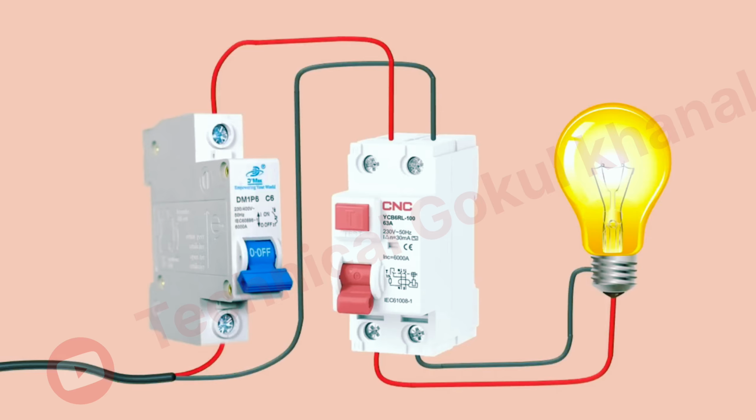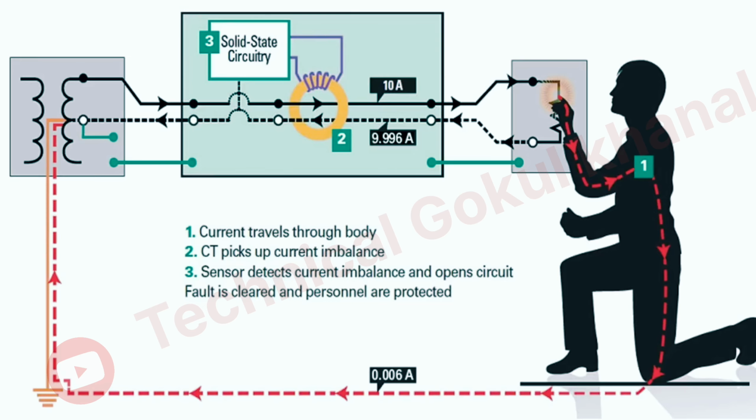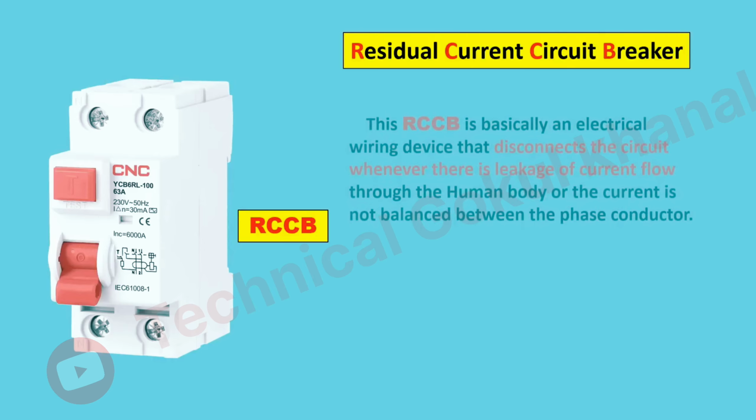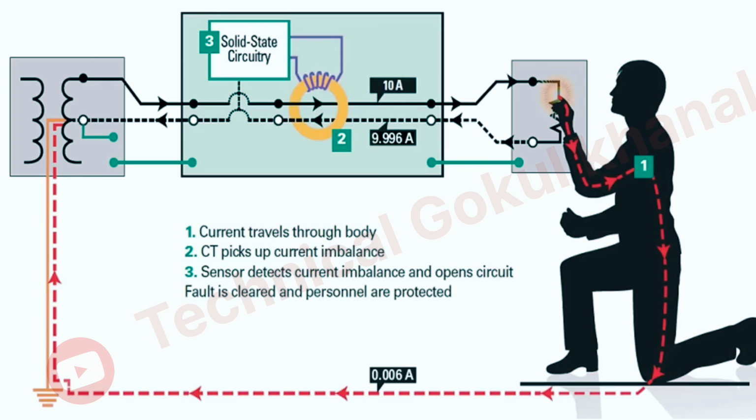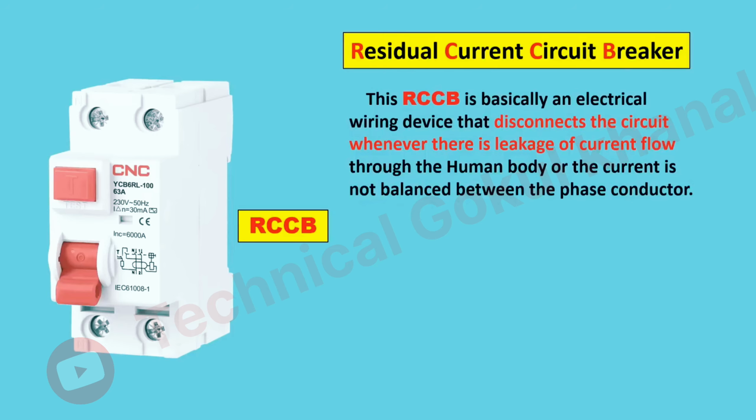If in a circuit or in your home you connected a RCCB, then in this condition, if you even touch the phase supply coming to home, you will not feel any electric shock. You will not encounter any electric shock because this RCCB you have will trip instantly. It means to protect you from electric shocks at your home, you must use RCCB.